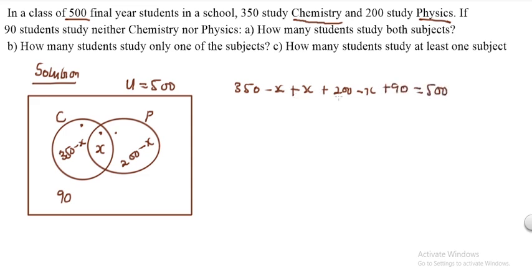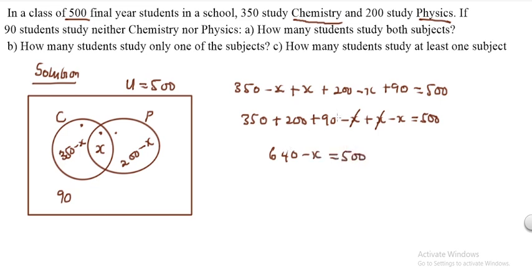So from here I can collect like terms and I can say 350 plus 200 plus 90, I have minus x here plus x, and I have minus x here, and then this is equal to 500. So if I add up everything here, I get 350 plus 200 plus 90 is 640. Here, minus x cancels plus x, so I have minus x here is equal to 500.